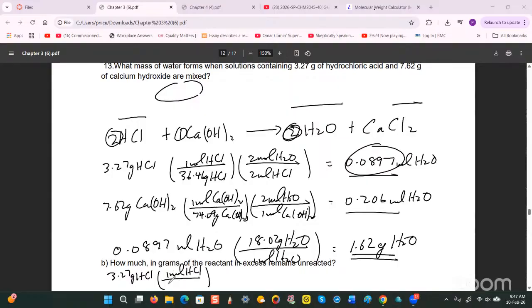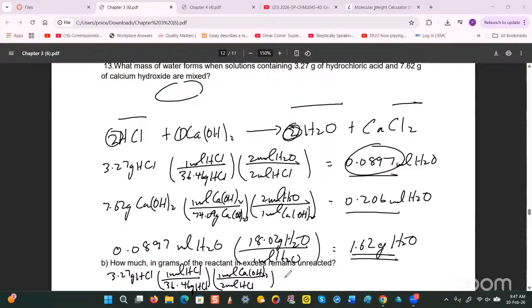1 mole of HCl down here would be 36.46 grams of HCl. And then what we have to do is look at the mole ratio between the HCl and the calcium hydroxide. That's a 2-to-1 ratio. So we're going to end up with 2 moles of HCl down here, 1 mole of calcium hydroxide above, right?